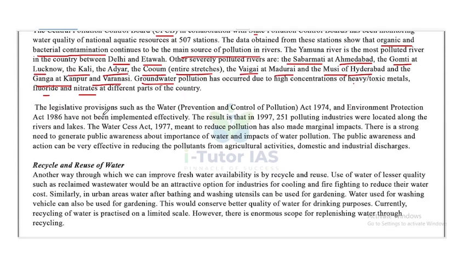The legislative provisions such as the Water Prevention and Control of Pollution Act 1974 and the Environment Protection Act 1986 have not been implemented effectively. The result is that in 1997, 251 polluting industries were located along the rivers and lakes. The Water Cess Act 1977, meant to reduce pollution, has also made marginal impacts.